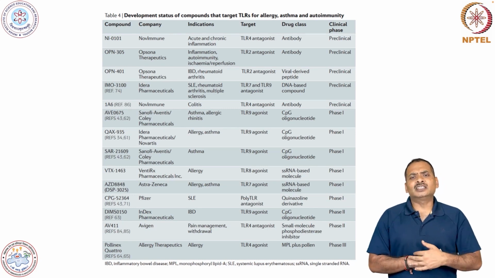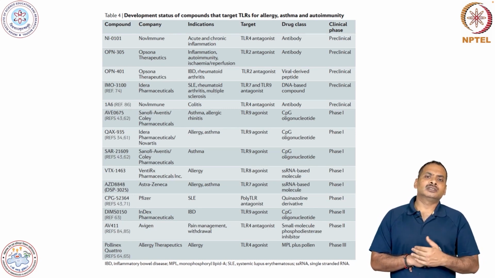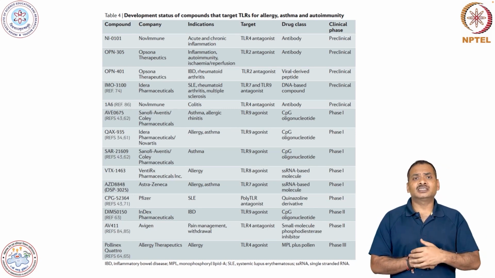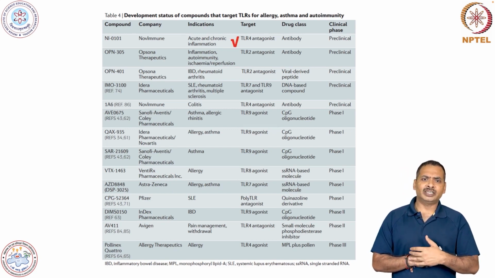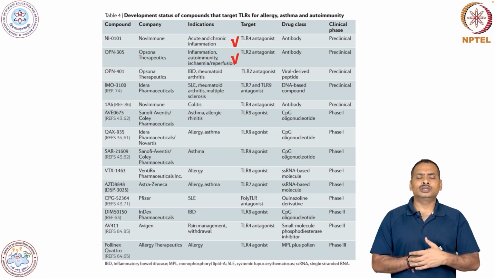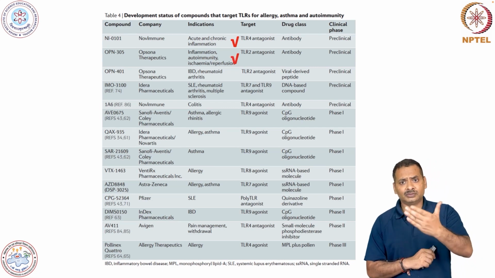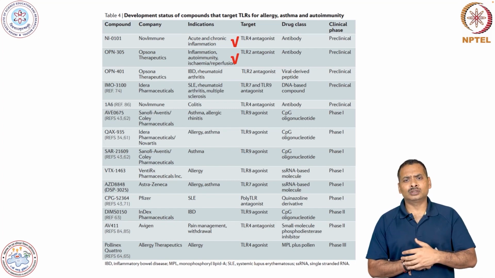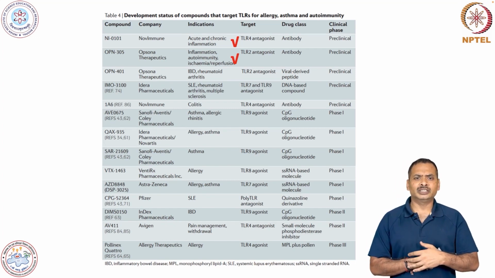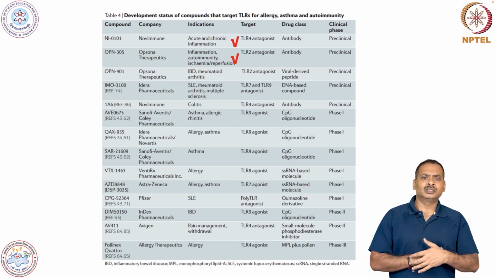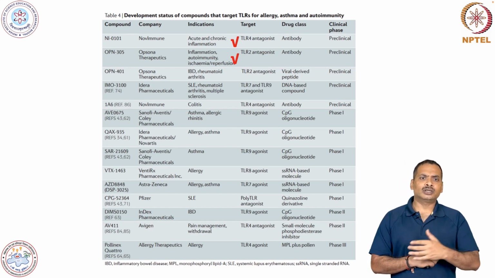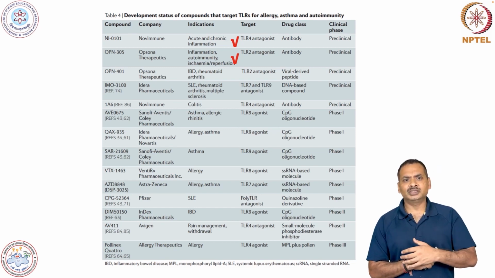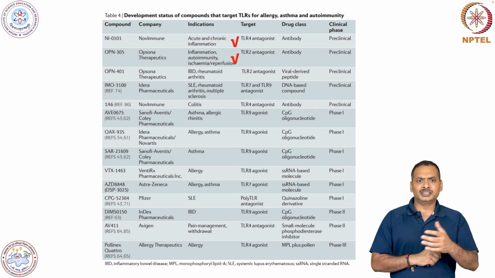Some TLR ligands are also used in non-infectious diseases, that is allergy, asthma and autoimmune disease, okay, like a TLR4 antagonist antibody or a TLR2 antagonist, which most likely is a monoclonal antibody, and it is used in the treatment of acute and chronic inflammation, autoimmune disease, okay, ischemia.